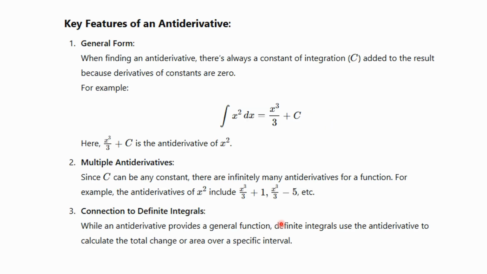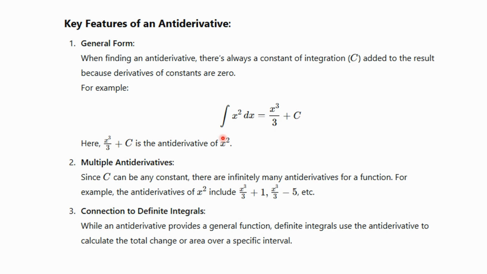So some of the key features of this antiderivative. The general form, when you're finding an antiderivative, there's always that constant of integration c that we've talked about, and it gets added to the result because the derivatives of constants are 0, as we discussed. Like with this one here, the integral of x squared dx is x cubed over 3 plus c. And so we add that constant.